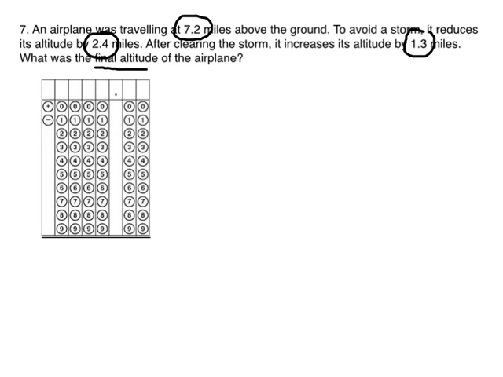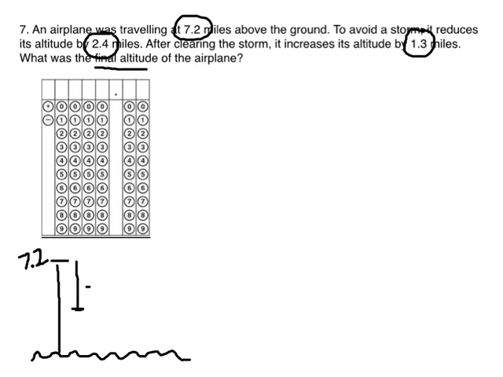Okay. So, he started at 7.2 miles. And again, I'm going to draw a picture. So here's the ground. And he is at 7.2 miles. Then it says he reduces his altitude by 2.4.